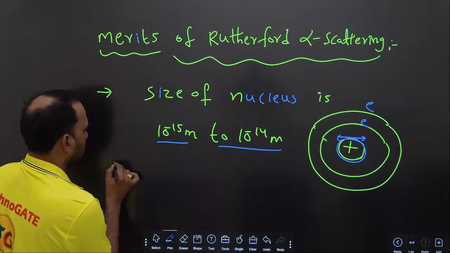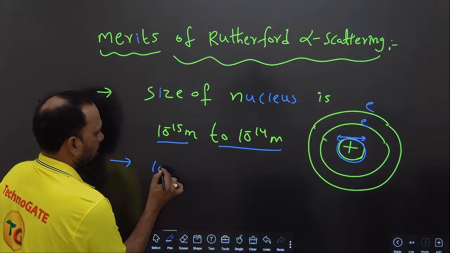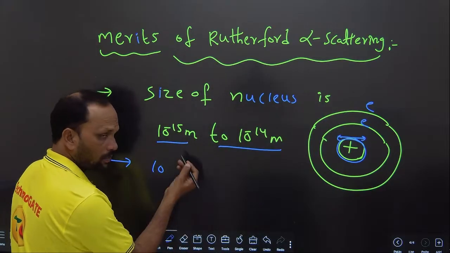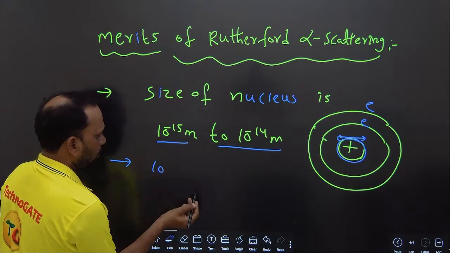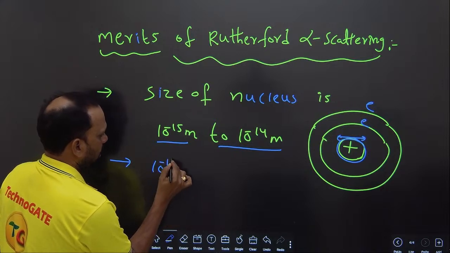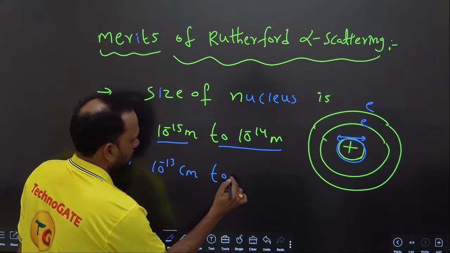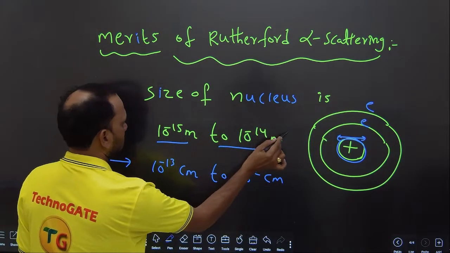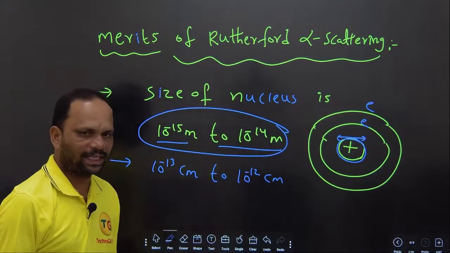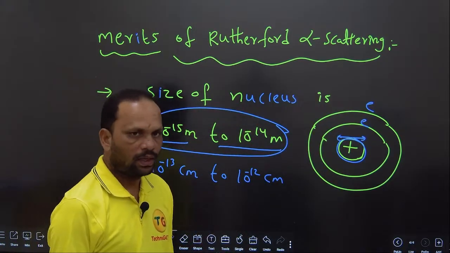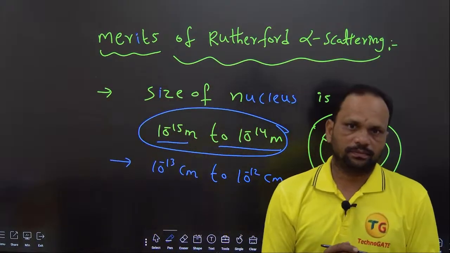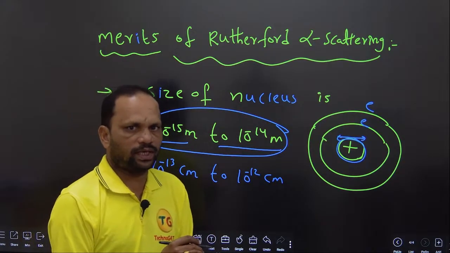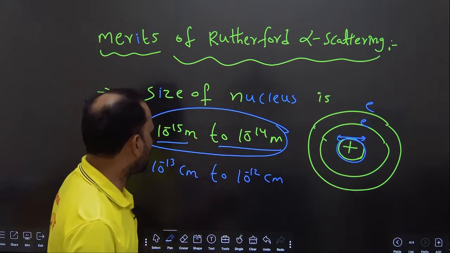If you convert it to centimeters, 1 meter is equal to 100 centimeters, so multiplying by 10 power 2, it is 10 power minus 13 centimeters to 10 power minus 12 centimeters. This is the size of the nucleus. Then what is the size of the atom? The size of the atom is always more than the size of the nucleus.